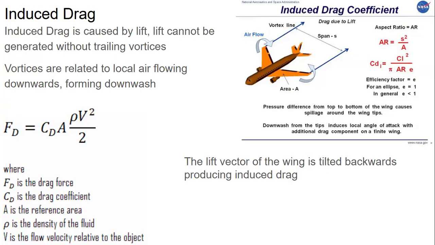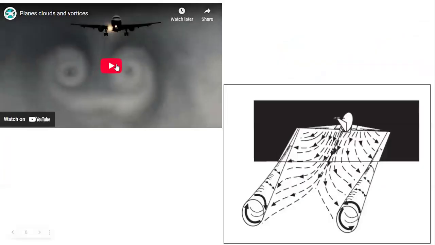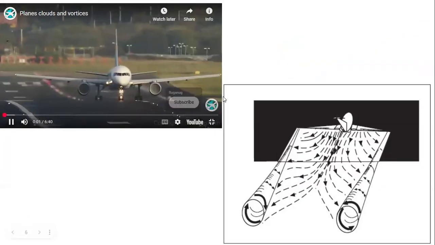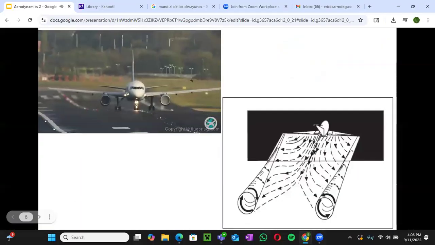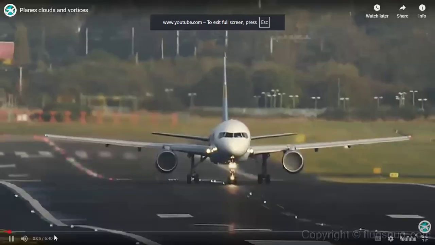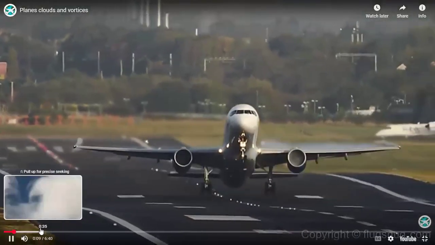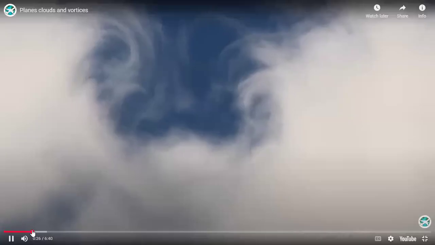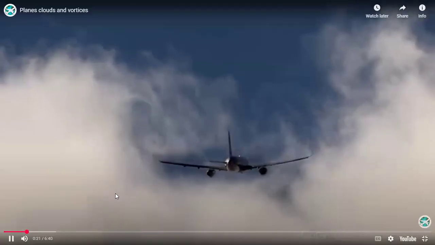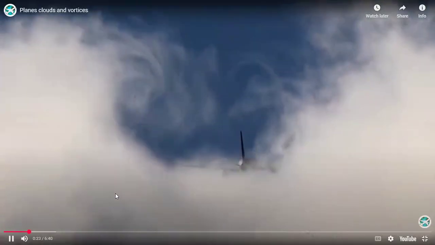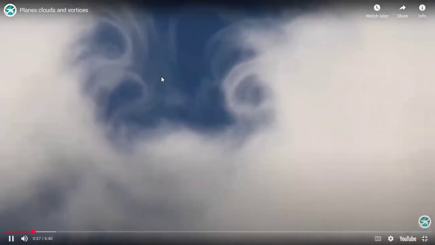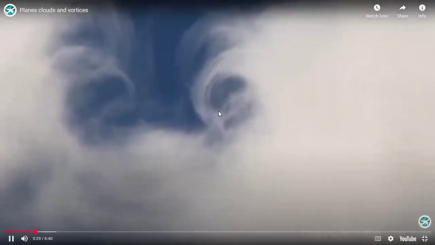But yeah, you see these vortices just forming. As it flies through cloud, you'll be able to see it. We can show this with a wind. But you see these big vortices forming.